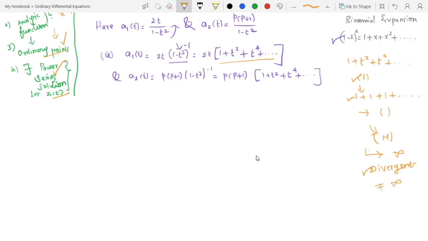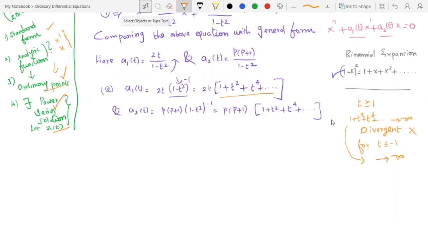The value should not be equal to infinity. It should be a finite value. So for that, we have to fix the limit here. Similarly, for t equal to minus 1 and values less than minus 1, we get the same result, because t carries an even power.